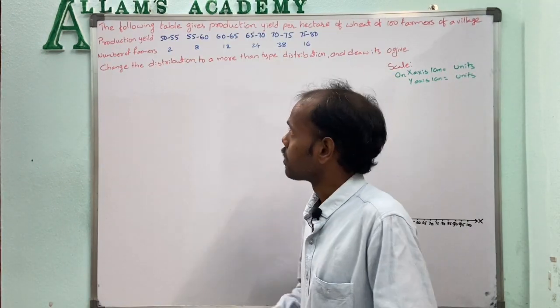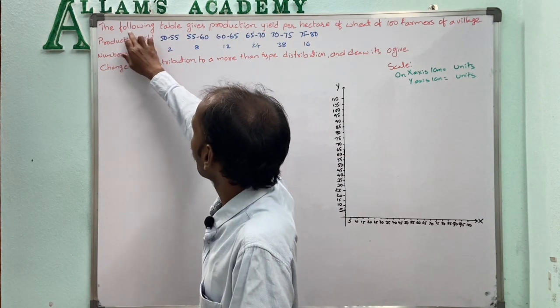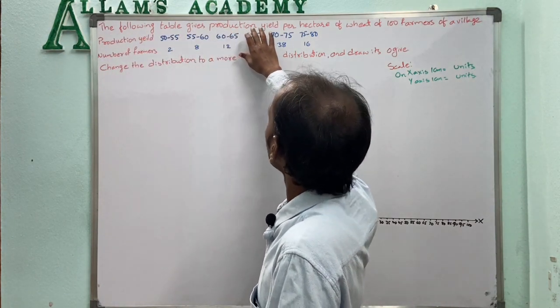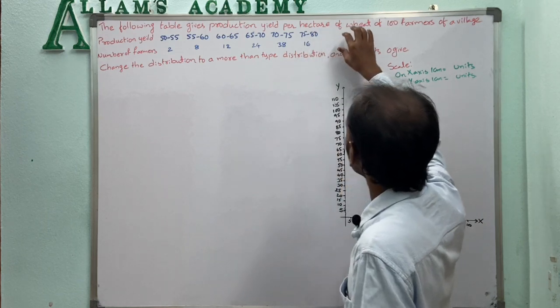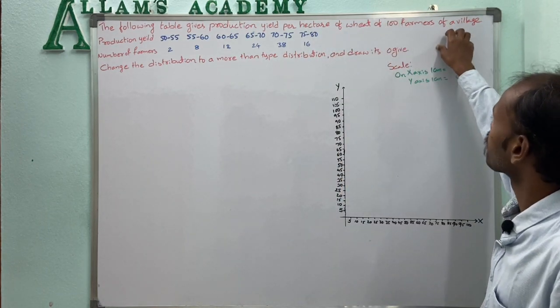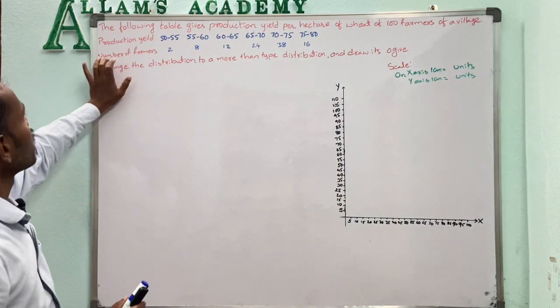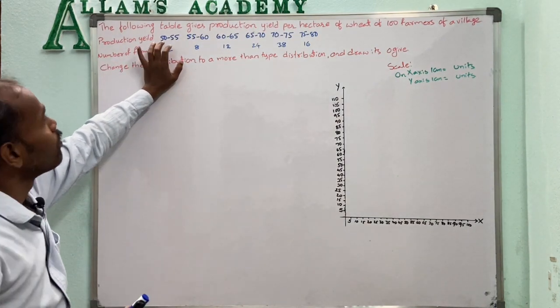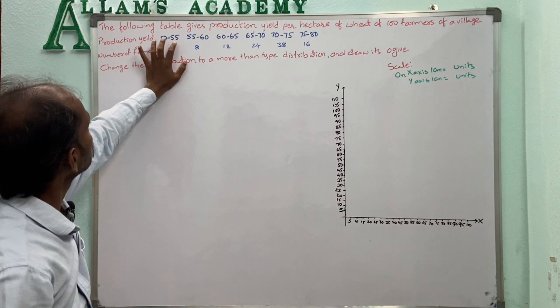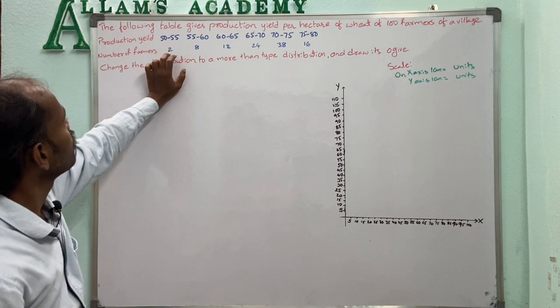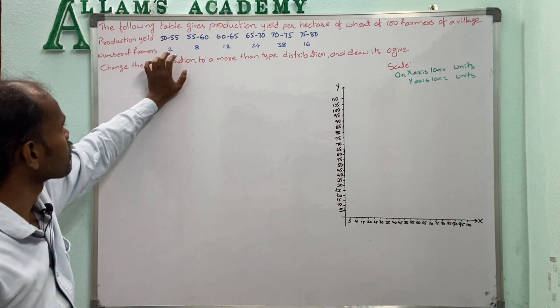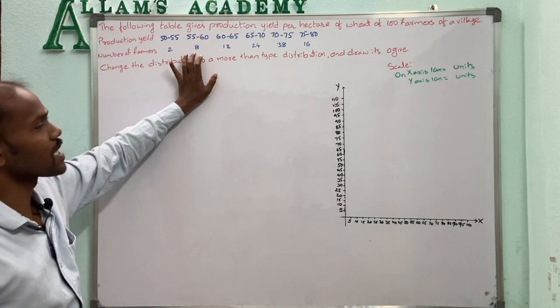And the given problem here: the following table gives the production yield per hectare of wheat of 100 farmers of a village. Between 50 to 55 acres, 2 farmers. For 55 to 60, 8.